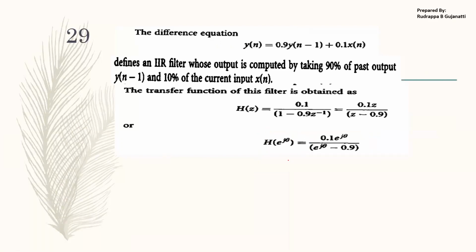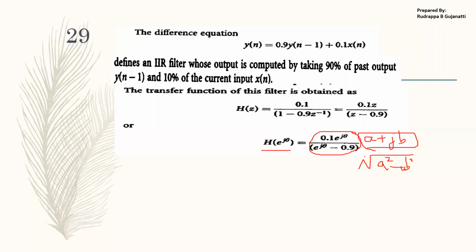As I had specified, if you want to identify the phase response without using a calculator, since here I don't have specific values, you can try to represent this in terms of A plus jB form. Try to resolve this equation. If you want to identify the magnitude of this, the magnitude will be the square root of A square plus B square.